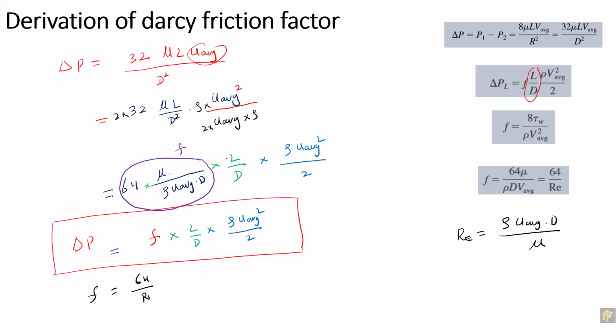Okay. So then this is L by D, and then this is the rho U average square upon 2. And this is the 1/2 rho U average square. So do you know what this thing is? Anybody? 1/2 rho U average square. What is this thing?